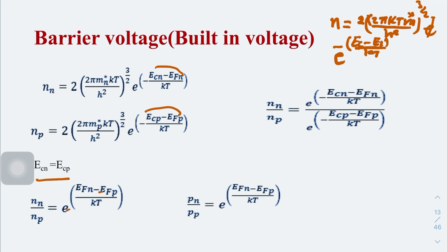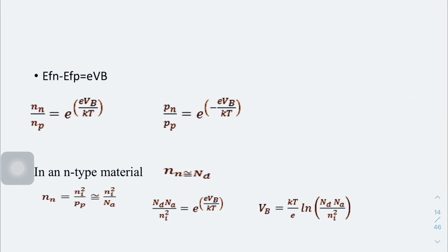Then, as we take this relation for holes, we also get p sub n over p sub p equal to this amount. Then we have that EFN minus EFP equals eVB.